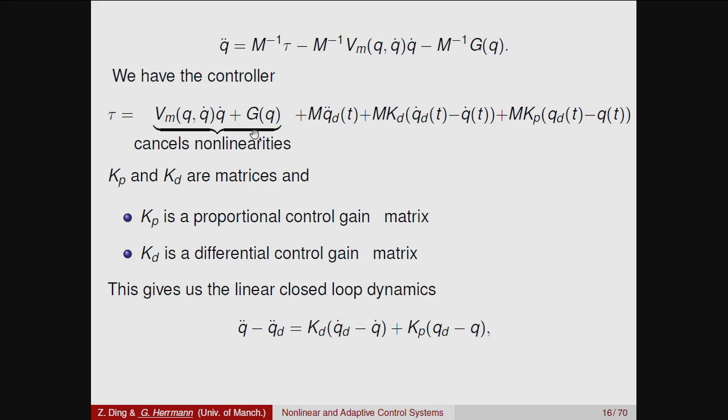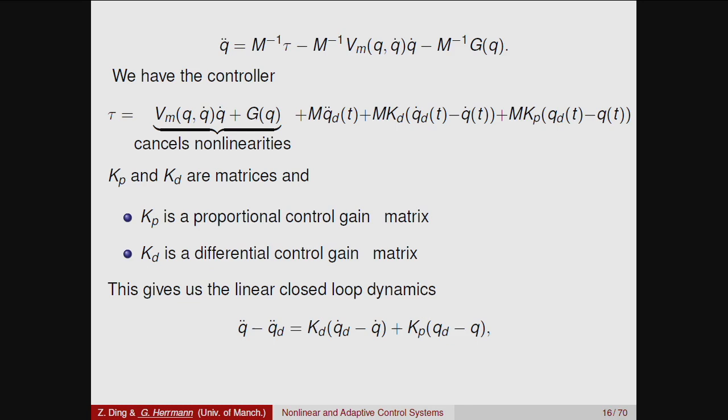So KD and KP allow us to create a proportional derivative gain, and in principle we can also decouple pretty much all the degrees of freedom here. How would we decouple all the different degrees of freedom?